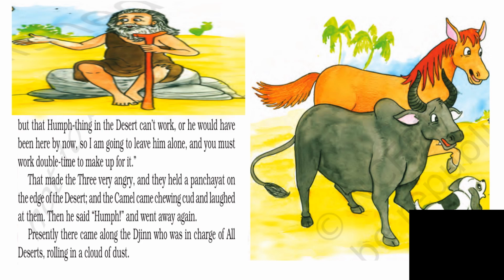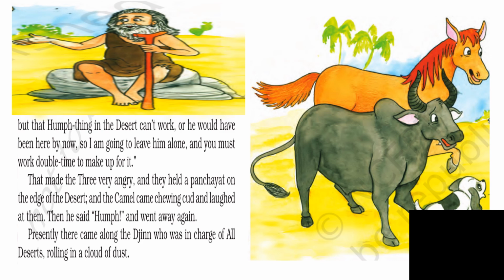Then the man ordered these three animals to work double of what they generally do. At this, all those three animals, the horse, the ox, and the dog, became angry with the man, and they held a panchayat on the edge of the desert.